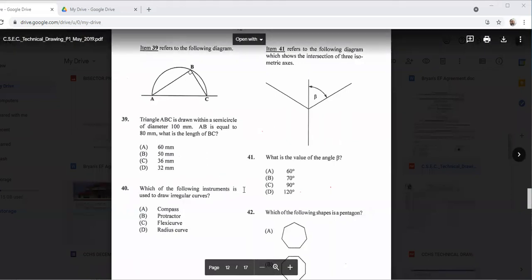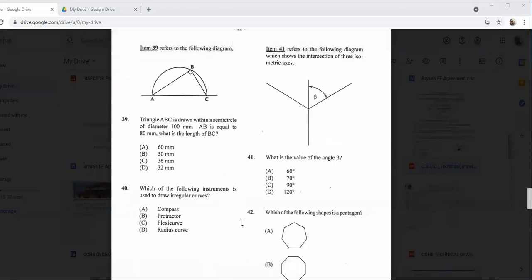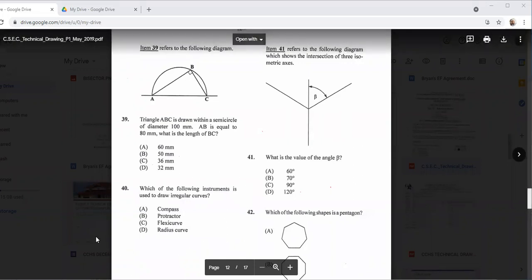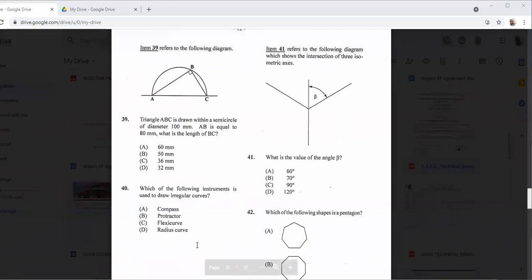Number 40. Yep. A flex curve is used to measure irregular curves.